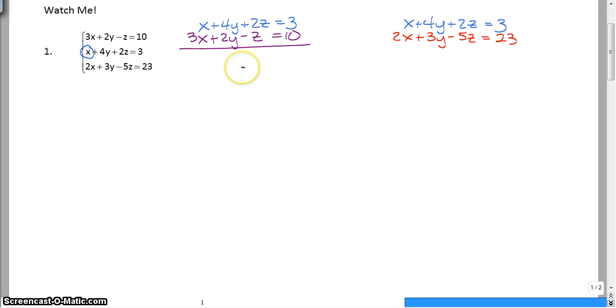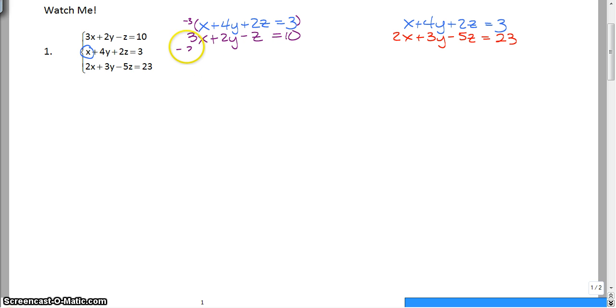So this is what happens. We are going to multiply this top equation here by a negative 3, because remember, x we chose is the easy variable to work with, so we're actually going to eliminate him in this problem right here.